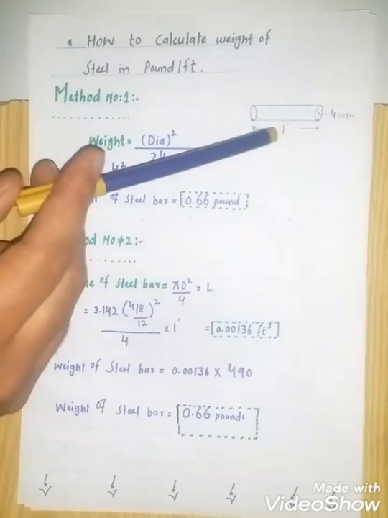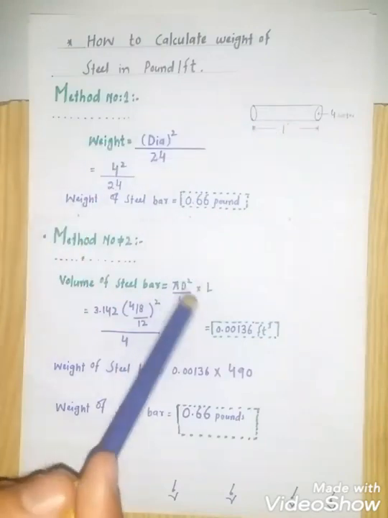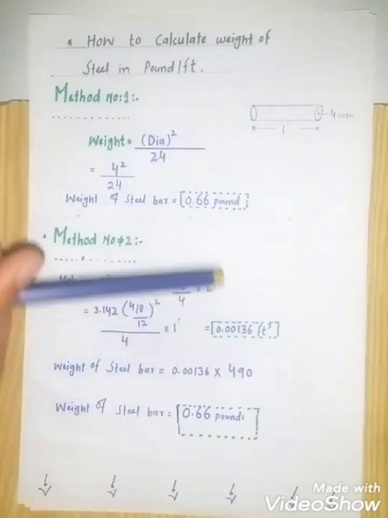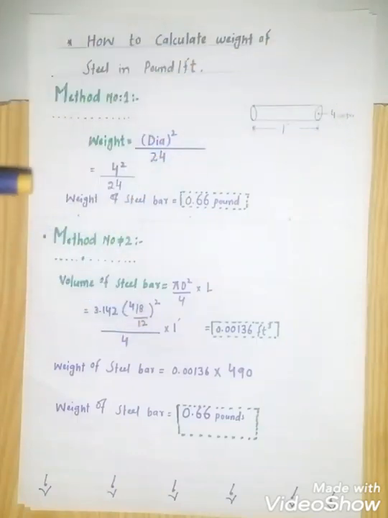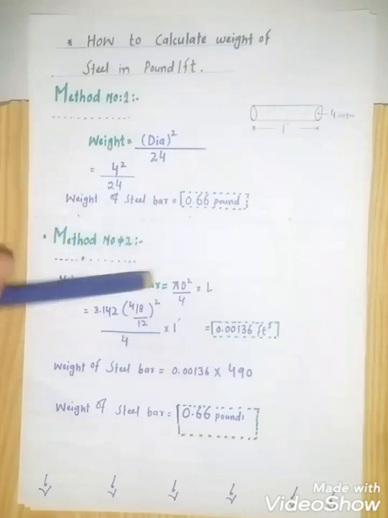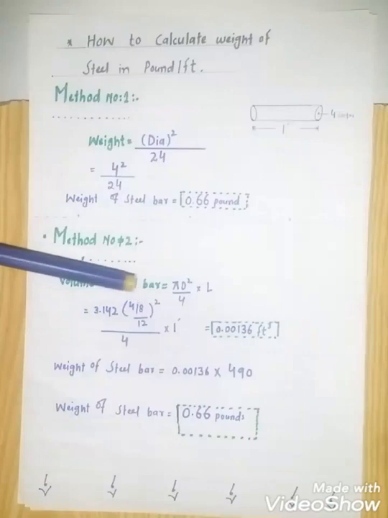This is the length of steel bar. In this method, you need to convert this shooter into feet, because 1 inch is equal to 8 shooter and 1 feet is equal to 12 inch.